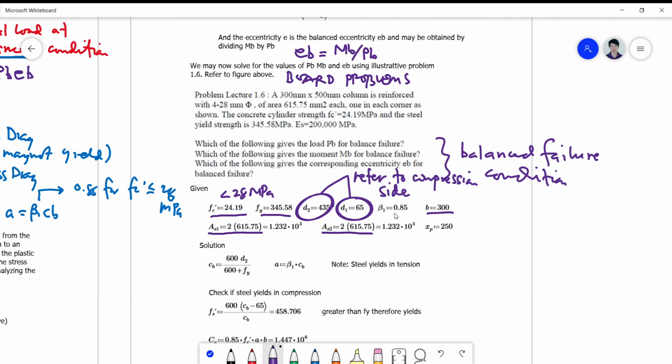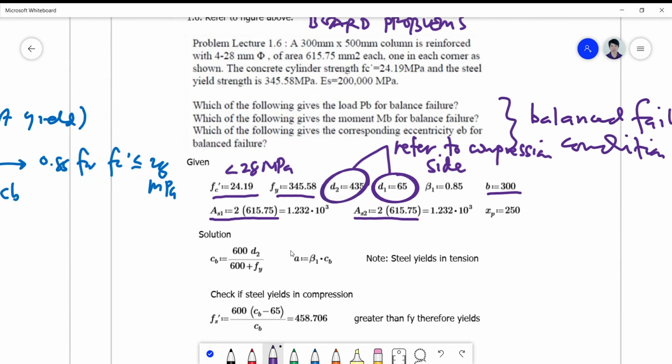Okay, solution. We now use a very familiar equation. So this is a beam equation. So always this is the extreme tension, refer to the extreme tension bar.